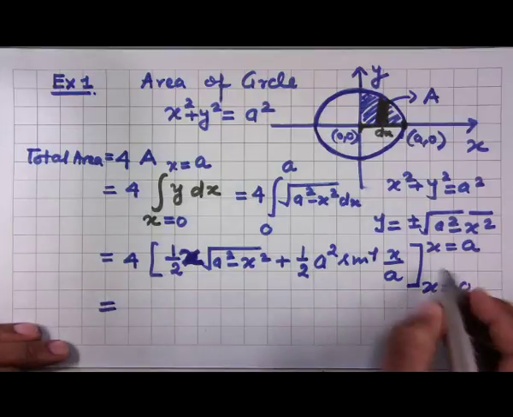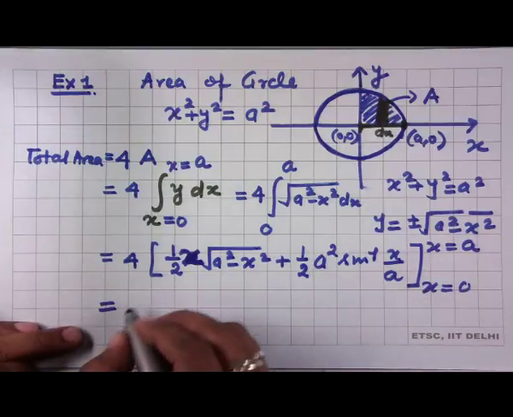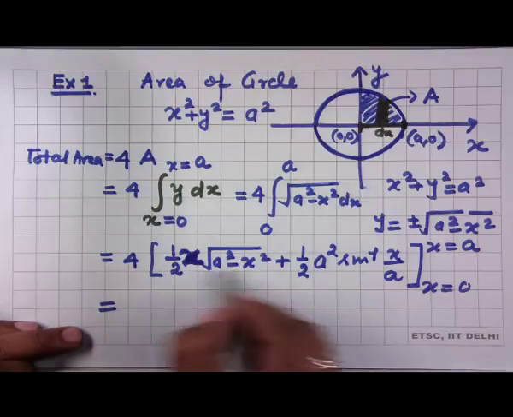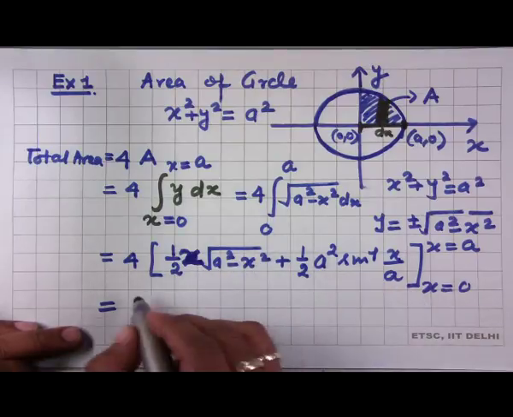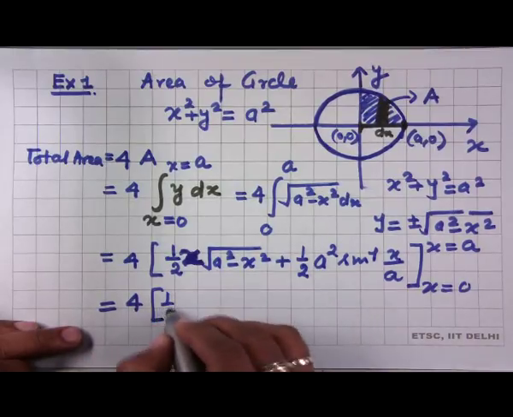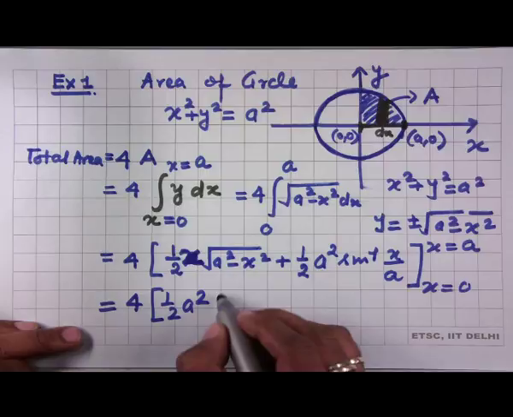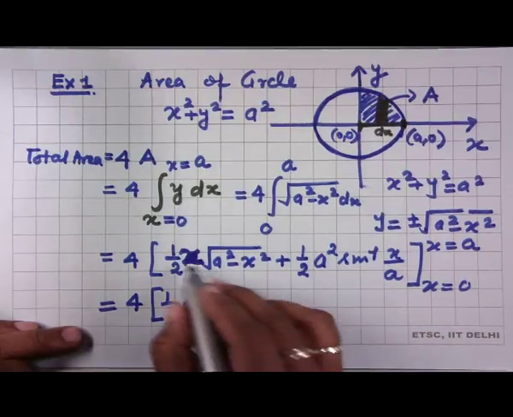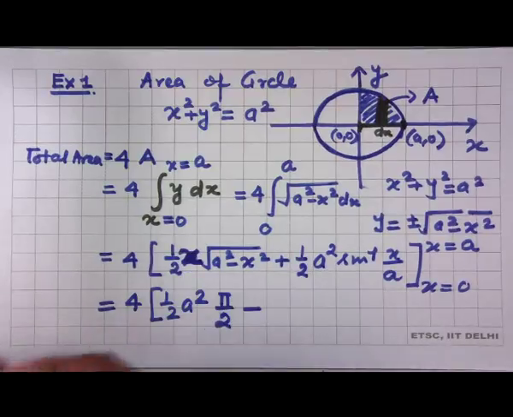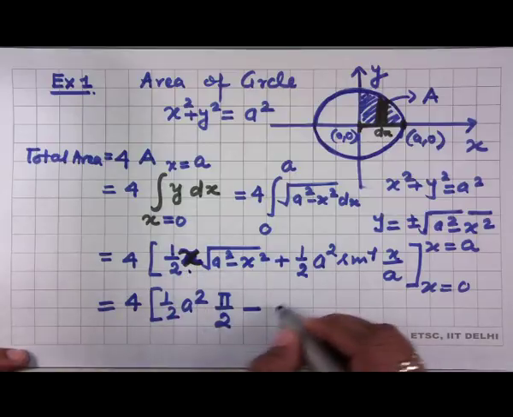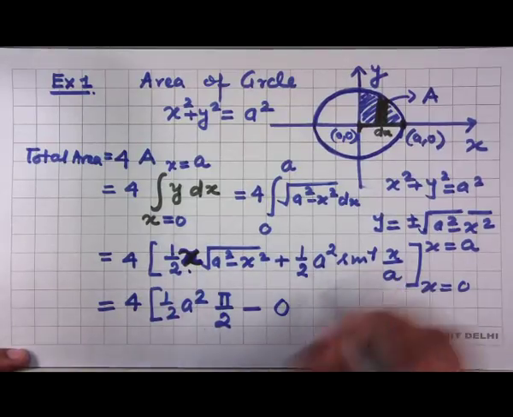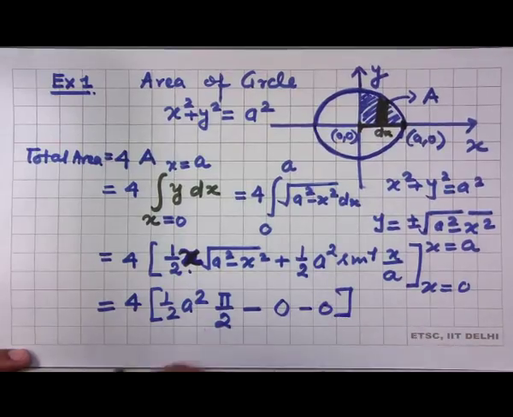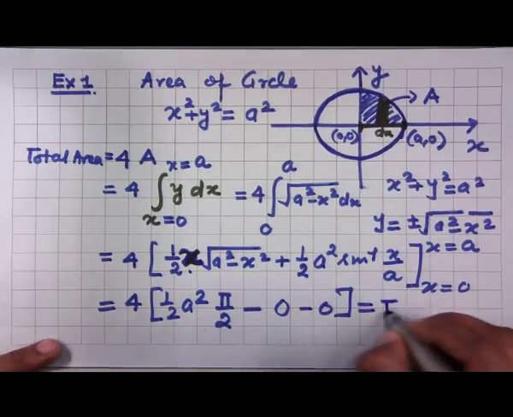Now put the values of upper and lower limits. At a this will be 0 because of this term, and this term will give you 1 by 2 a square sine inverse 1, which is pi by 2, minus at 0 this is x, right. So at 0 it will be 0 because of x, and then at 0 sine inverse 0 will be 0, so you get 0. So the final answer is pi a square.